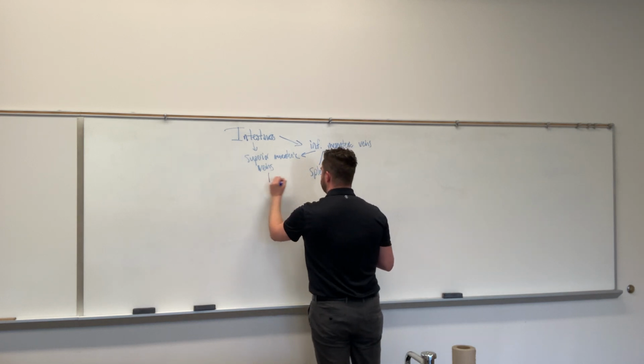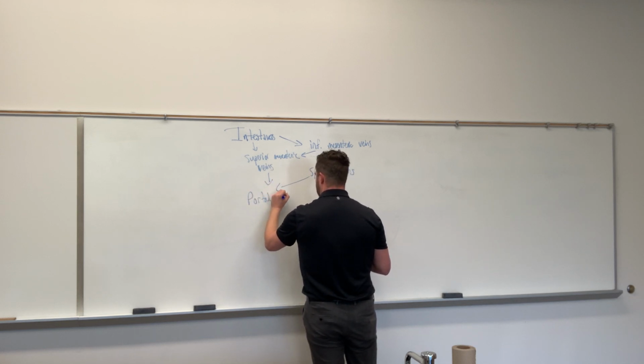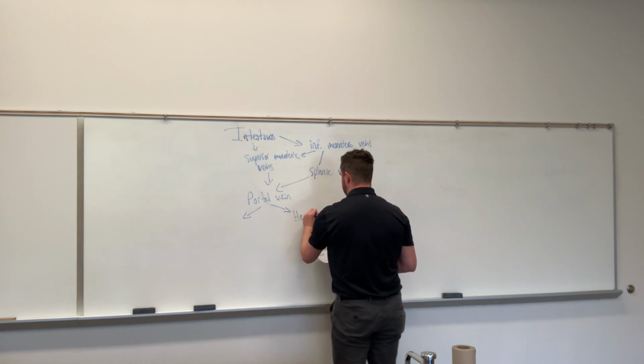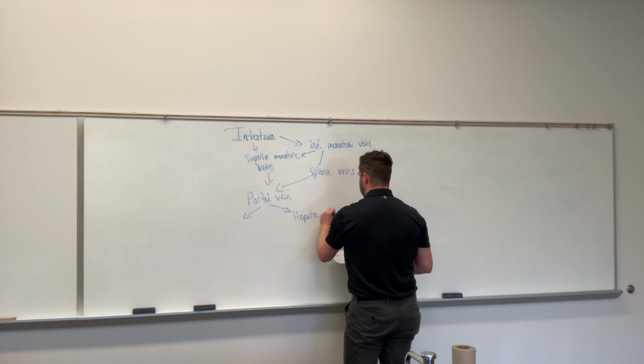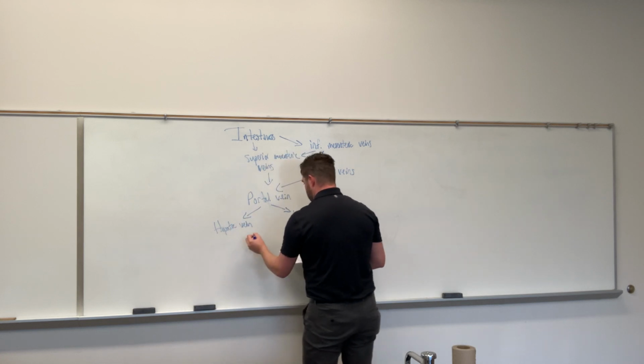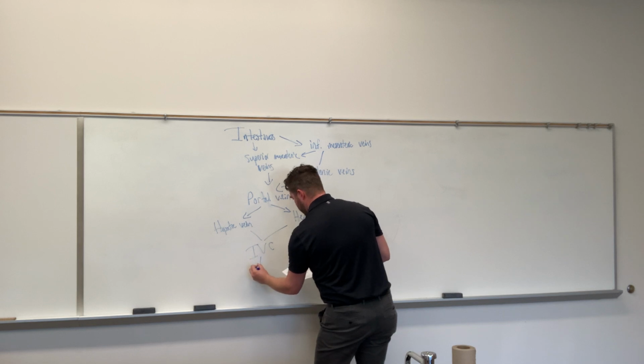You have all of these joining together to form your portal vein. The portal vein splits once it gets into the liver and becomes hepatic veins, which drain into the inferior vena cava, which leads to the heart.